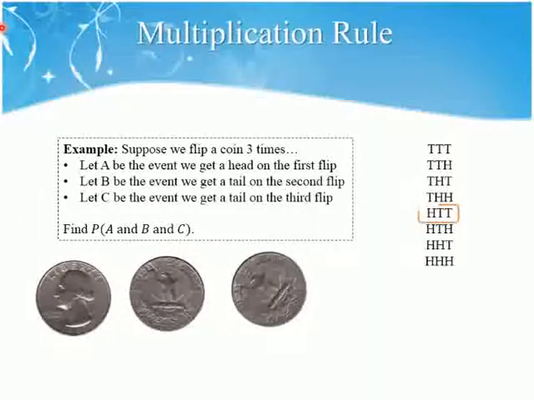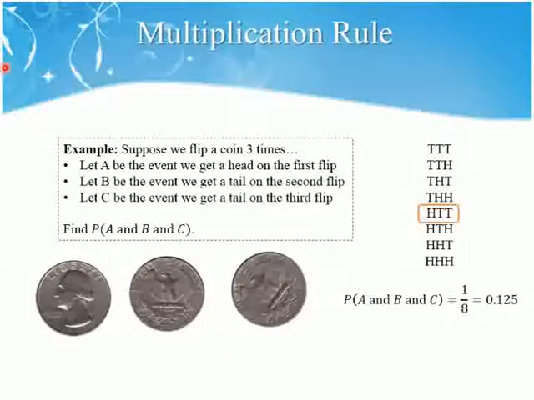Well, of course, that's just the HTT, heads, then tails, then tails. Since there's only one way for that to happen, out of 8 total possible simple events in our sample space, the classical approach to probability tells us that the probability of A and then B and then C occurring is 1 divided by 8, which is 0.125.